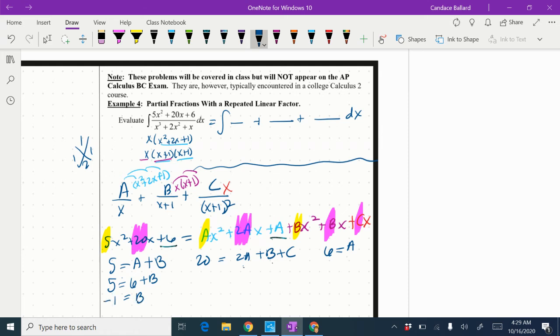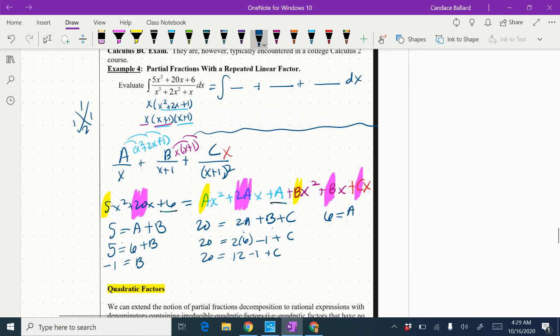Well, now that I have a and b, I can plug into here and get c. So 20 equals 2 times 6 minus 1 plus c. So 20 equals 12 minus 1 plus c. 20 equals 11 plus c. So c is equal to 9, when I subtract.